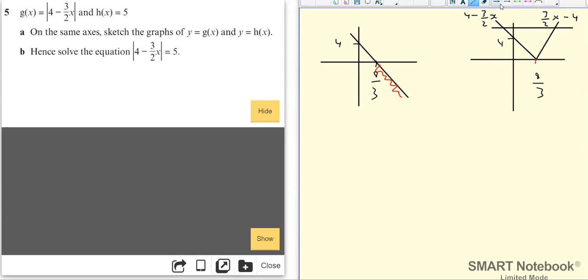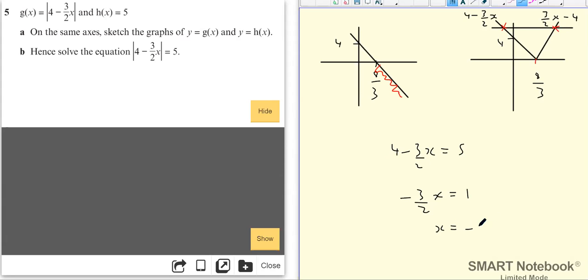And so we can see that there are 2 solutions, one over here and one over here. That's where the equation of the line makes it really easy for you to work out, hence solve that equation. So the first equation, we are going to do 4 minus 3/2x = 5. We get minus 3/2x = 1.